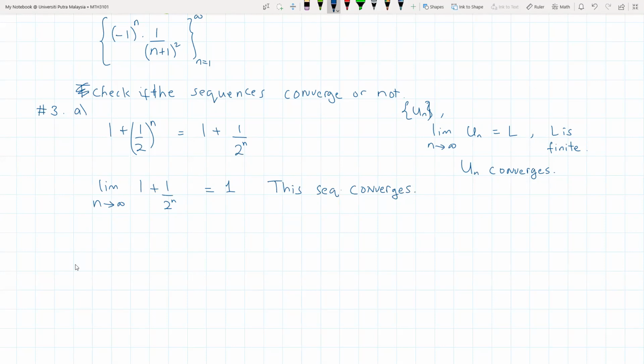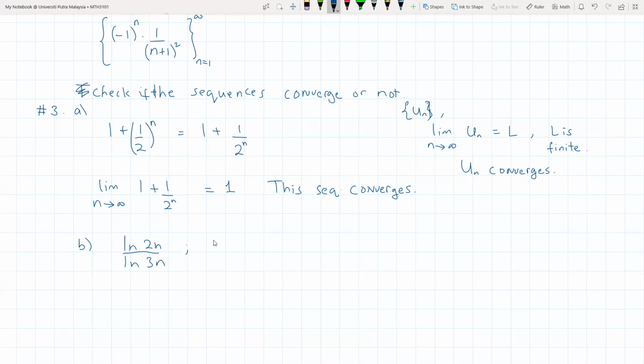Number B, I think. Is it B? Yeah, so B. So you need to apply your knowledge of limits from calculus 1. For example, if you have an indeterminate form, like 0 over 0 or infinity over infinity, then you need to use L'Hopital's rule. As can be seen in this one, you have log of 2n divided by log of 3n.